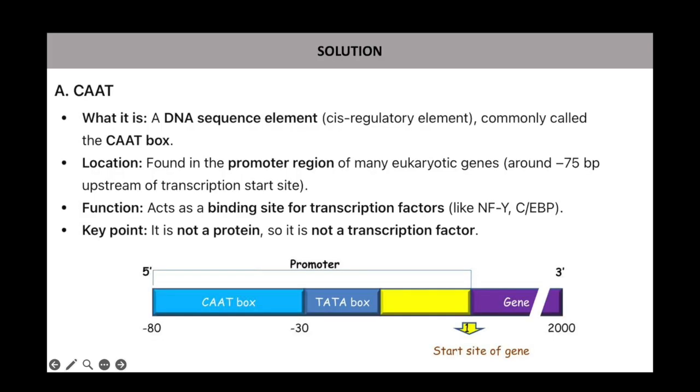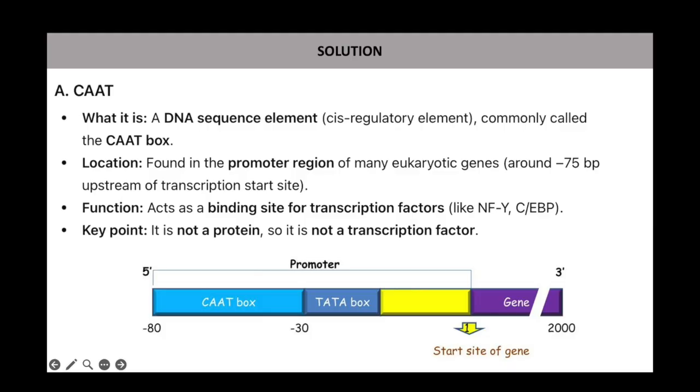CAAT is basically a small DNA sequence element, which is also called a cis regulatory element. It is commonly called the CAAT box. It is found in the promoter region of many eukaryotic genes, approximately 75 base pair upstream of the transcription start site.